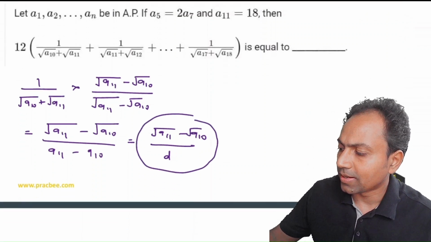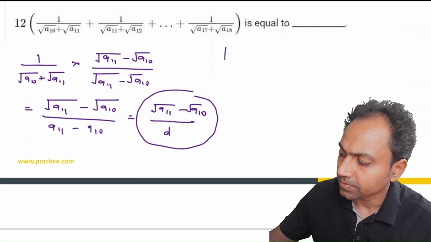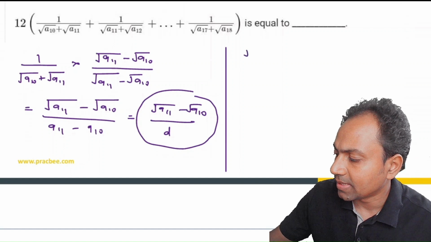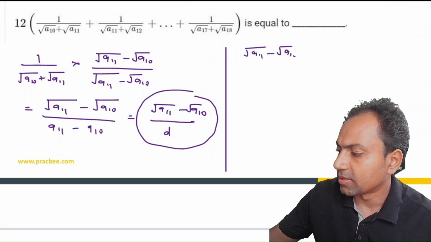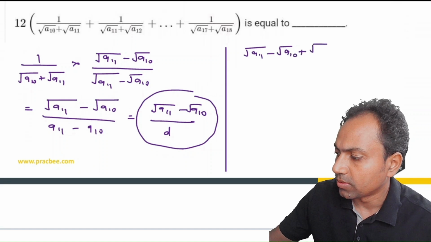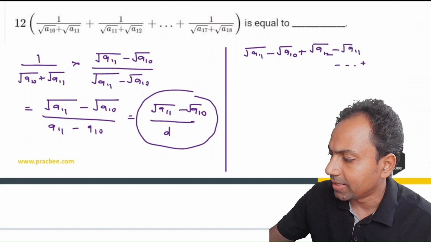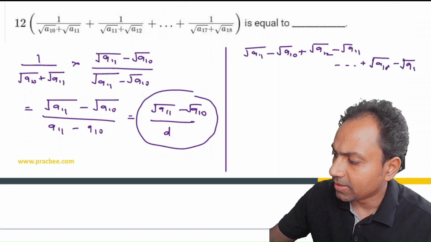So if I try and complete this series in this new format, it will look something like this. The first term will be written as root A11 minus root A10. The next term would be root A12 minus root A11. It will go up till the last term, that is root A18 minus root of A17. And then we have 1 by D outside.